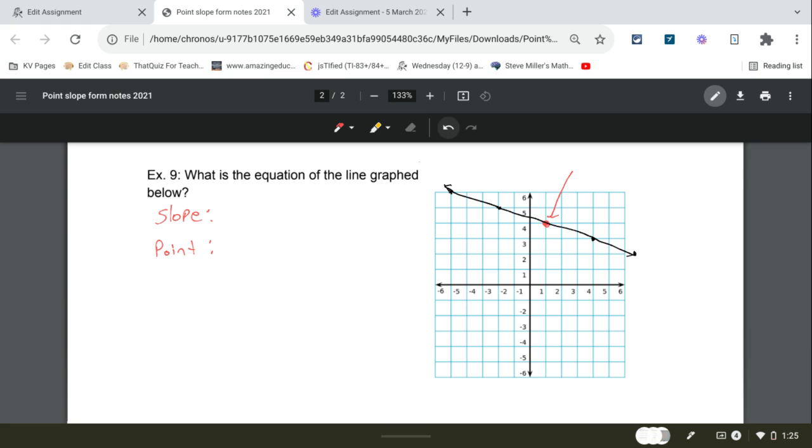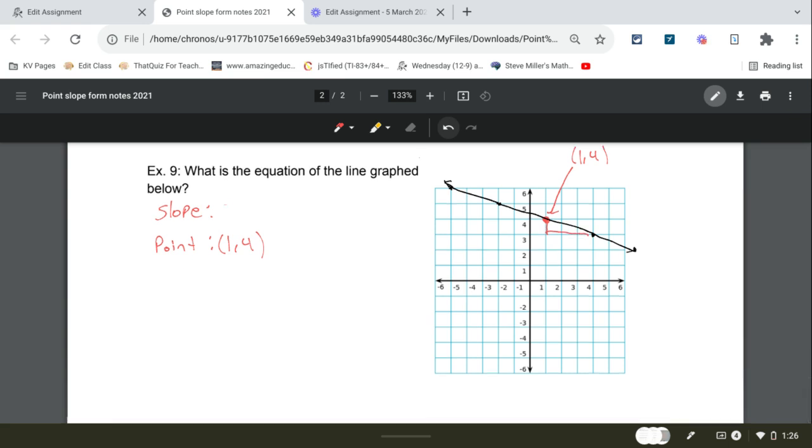The point that it passes through is 1, 4. And then from the graph, we can tell what that slope is. From that red dot to one of the black dots, it's going down 1 unit and over 3. So our slope has got to be -1/3.